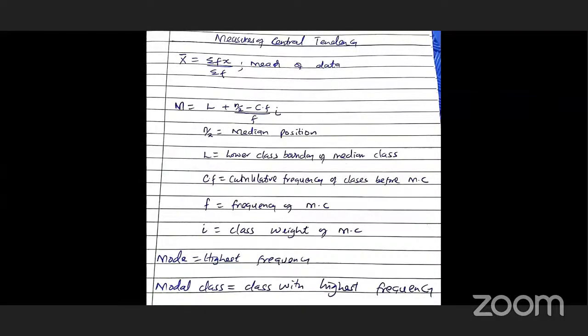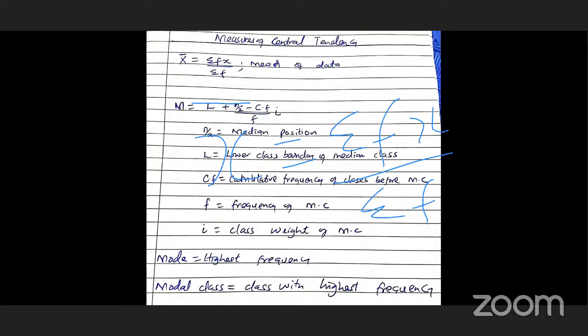In Statistics 1, we say that the mean of X is obtained by the summation of the column Fx over the summation of the column F. It is denoted by X bar, and we read it as mean of X.